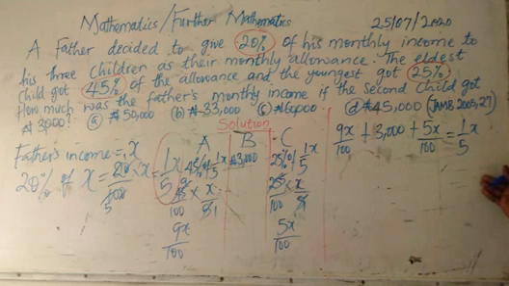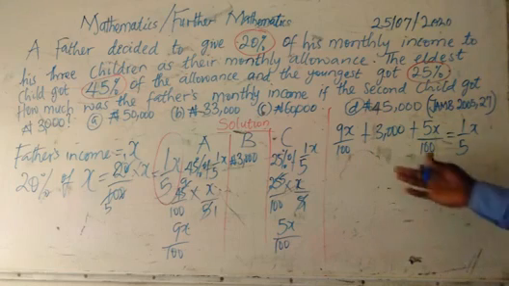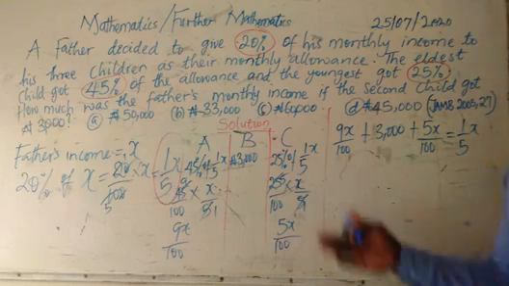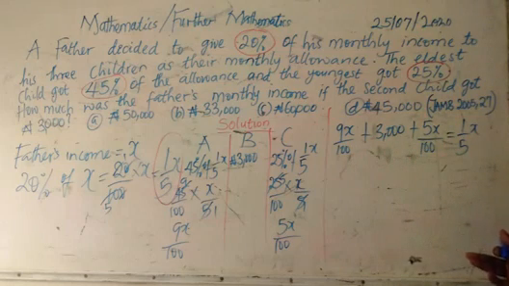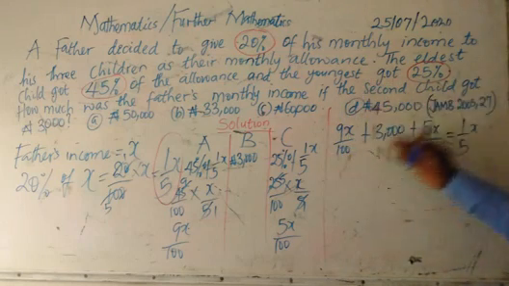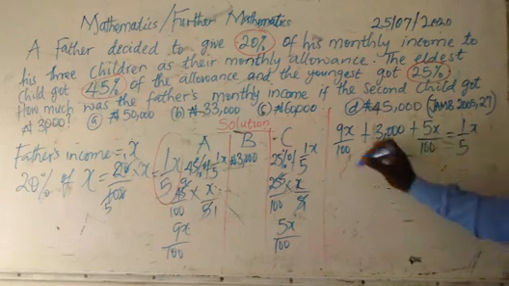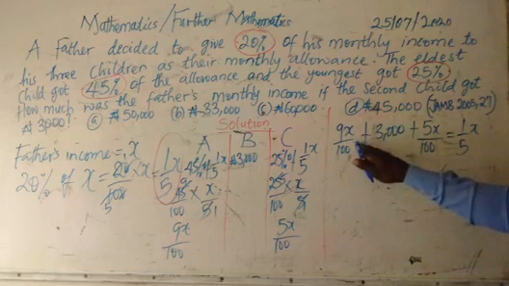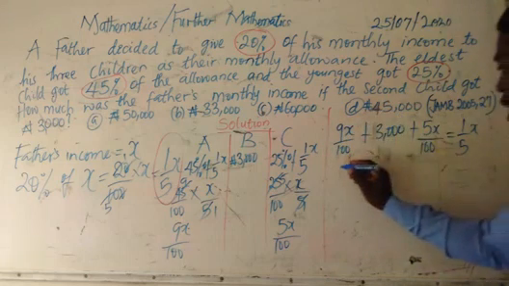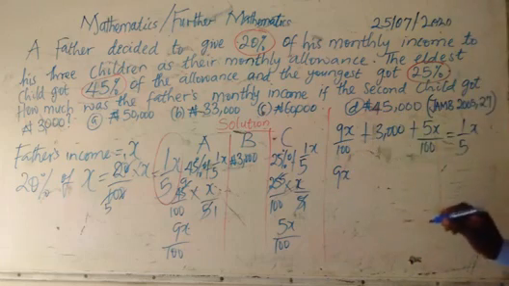Now we have an equation. Since we have an equation, we want to convert this to a straight line equation. We simply multiply through by 100. If we multiply each of these terms by 100, we are going to have 100 times 9x over 100 will give us 9x.